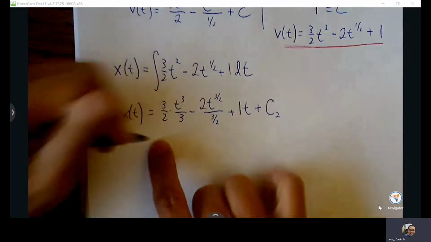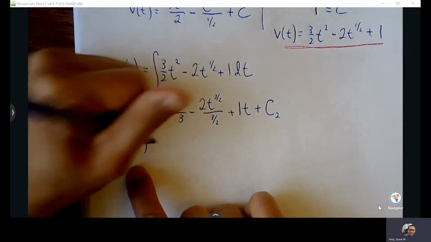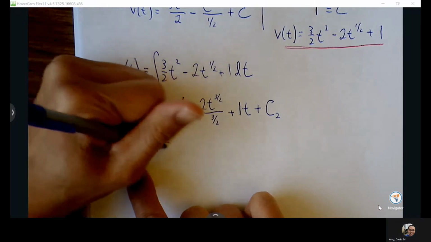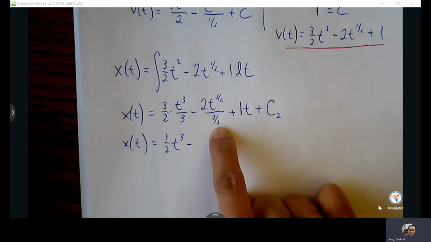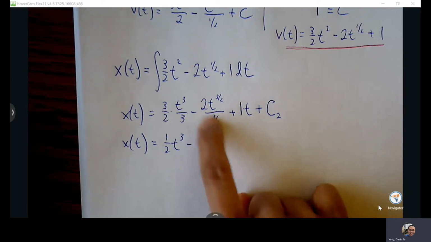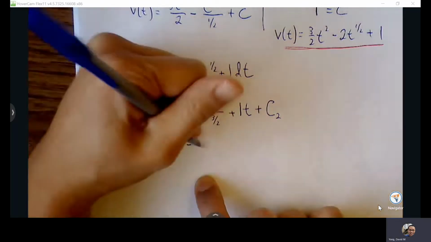Do some cleanup. Threes cancel out. Flip that 3/2 up as 2/3. 2/3 times 2 is 4/3.